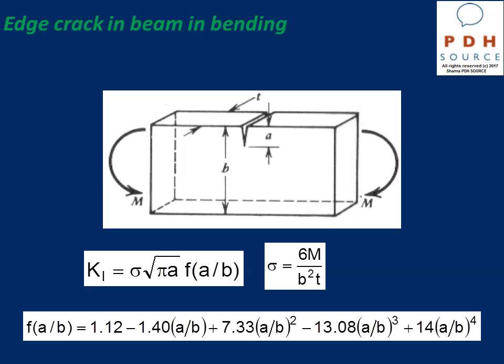One more case, which is an edge crack in a beam in bending. So now the stresses are not directly tension stresses, these are bending stresses and can be evaluated according to this equation.